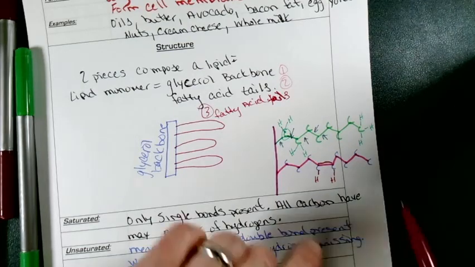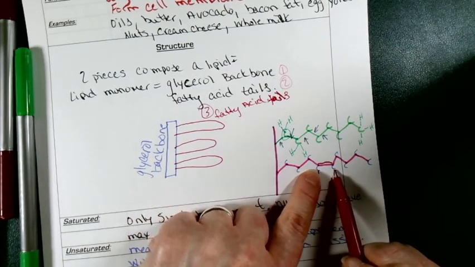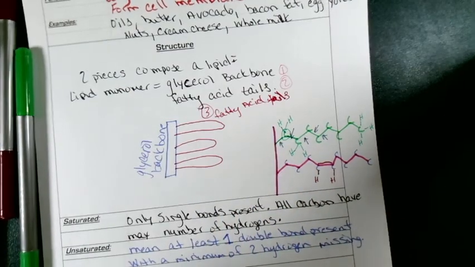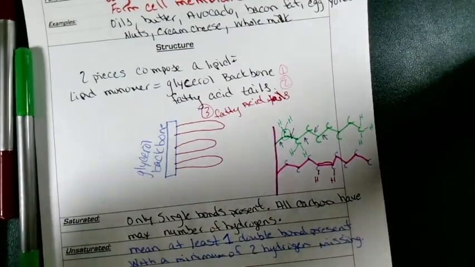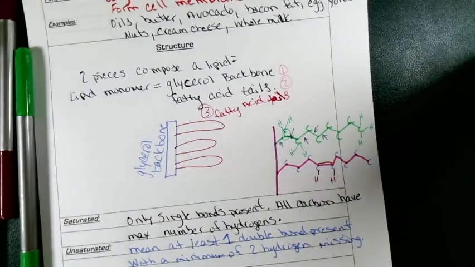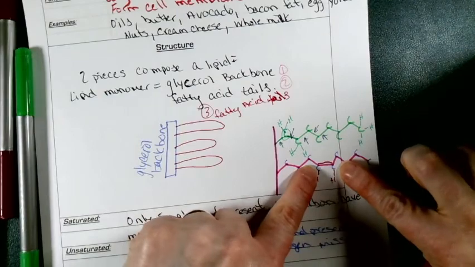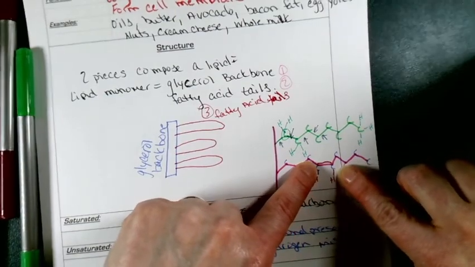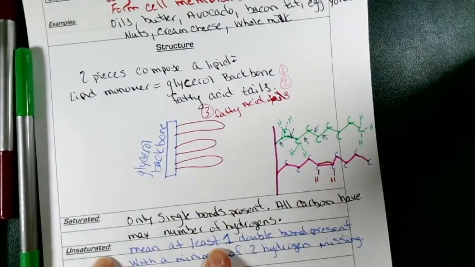Because each of these carbons are missing 1 hydrogen, they each have 1 electron left. They can take those electrons and go, hey, bud, let's share them and make a double bond. So then they double bond to each other, and this is what we call unsaturated because they do not have the max number of hydrogens they can hold. If they break this bond, then they can gain those hydrogens back, and then it'd be considered a saturated fat.